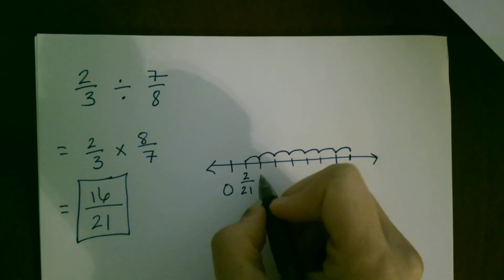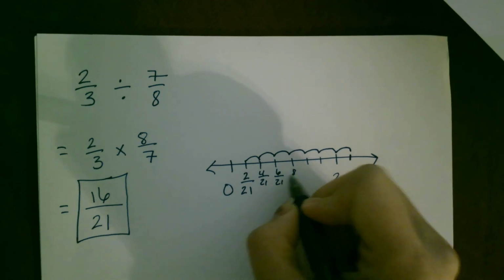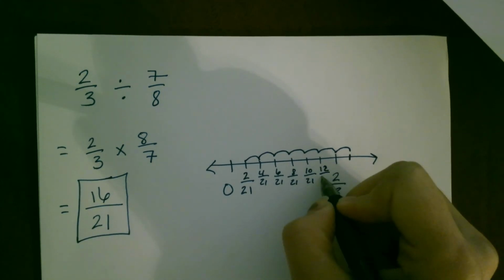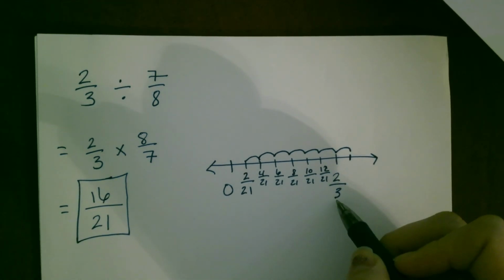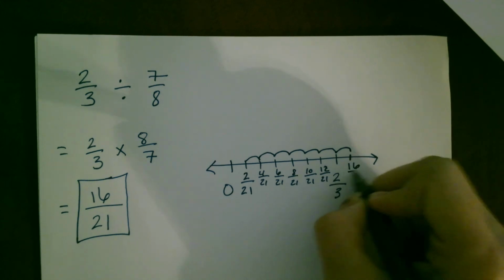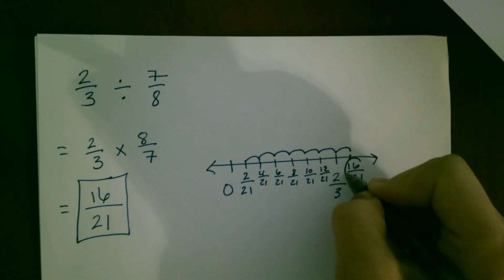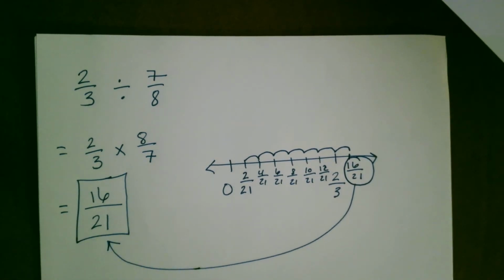So this is 2 over 21, 4, 6, 8, 10, 12, 14 over 21 does reduce to 2/3, and then I'll have 16 over 21. So that is the 8th step of the unit, 2 over 21, which we get from the algorithm.